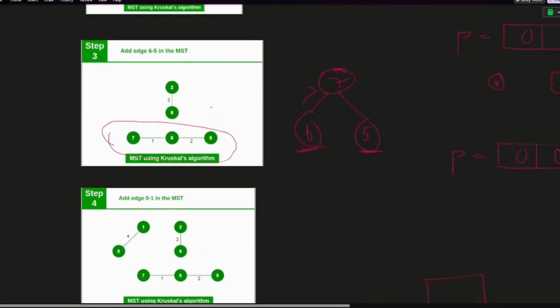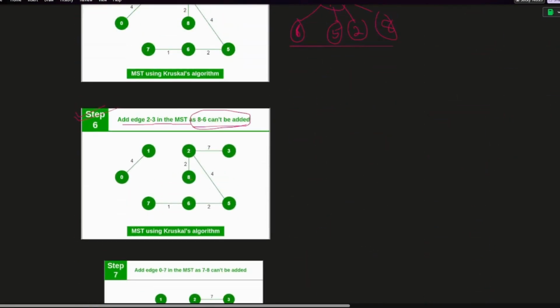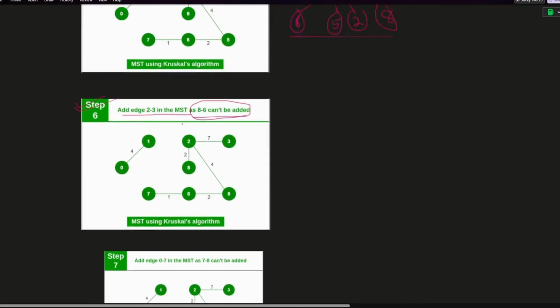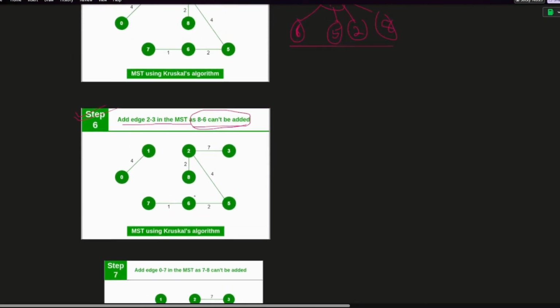Let me tell you something. If I could add anything from this to this, you could say yes, I can add it anywhere I want. It would never form a cycle at all. However, if I were to add something from this to this, it would form a cycle.